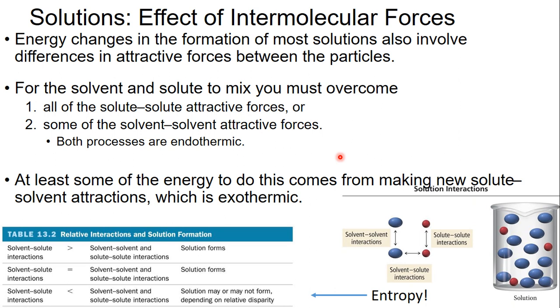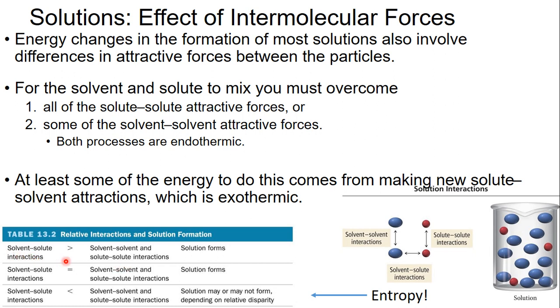And you get some of this energy to break these interactions through the mixing itself. By mixing, you get energy, so that process is exothermic. So let's take a look at this table now. So let's say your solvent and your solute interactions are very favorable, and they're stronger than your solvent and solute interactions.